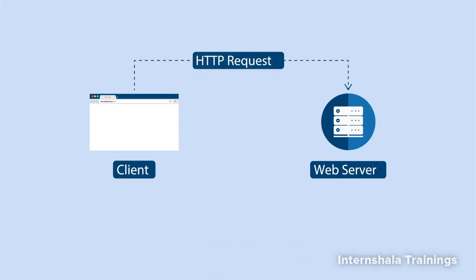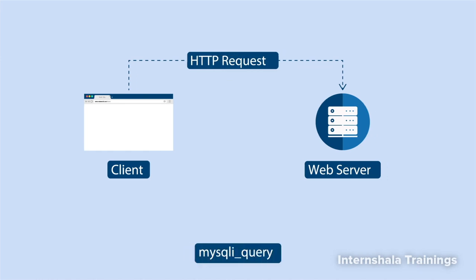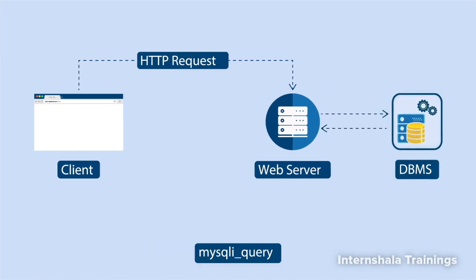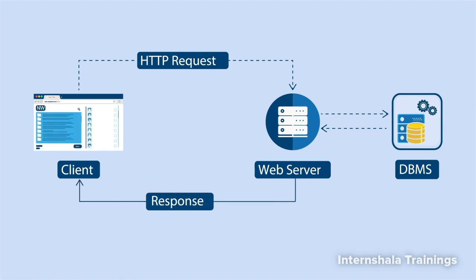Once the connection is established, we use the mysqli_query function to run SQL queries on the connected database. And if due to any reason we are unable to execute the SQL queries, we have the mysqli_error function to identify the error message. Lastly, once the entire PHP code is executed, we close the connection using the mysqli_close function.